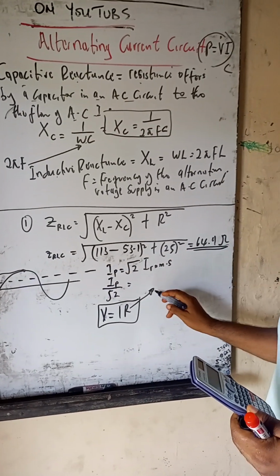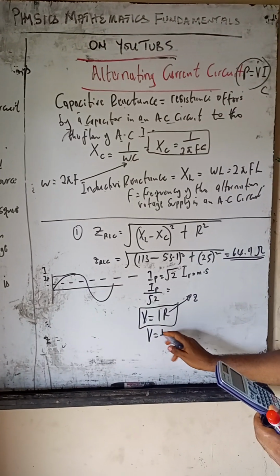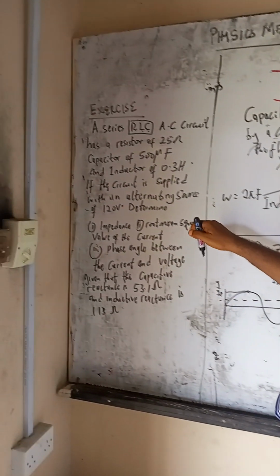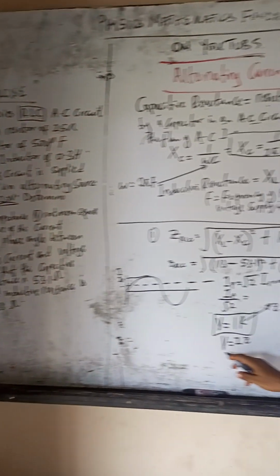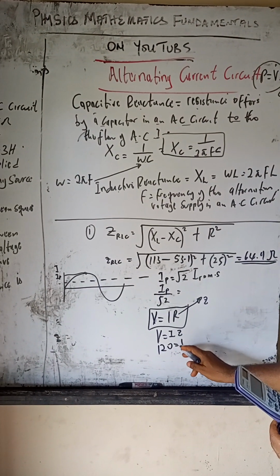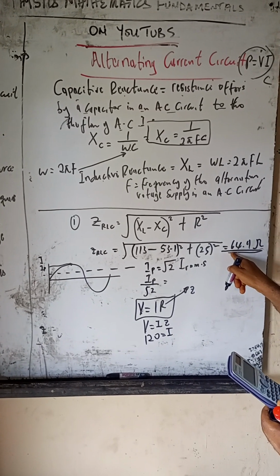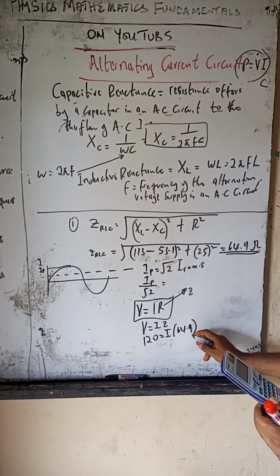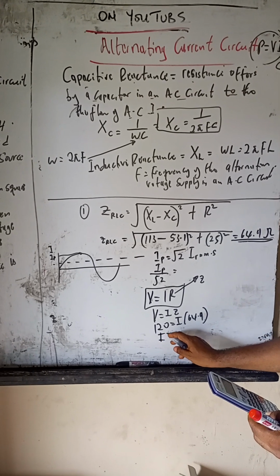The R is Z. So for this arrangement, V is equal to IZ. And the V here is given as 120 volts. So I put 120 is equal to I times Z. And the Z that I got, that is the impedance, is 64.9.